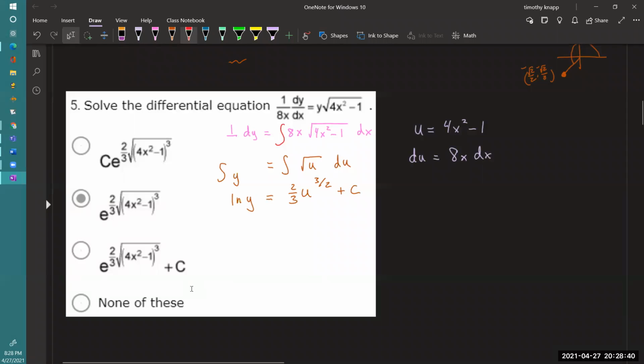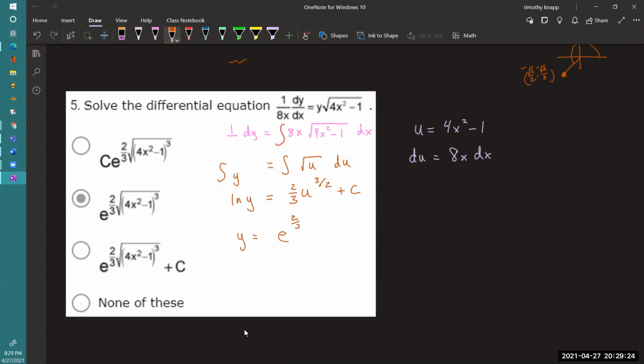All right. So now what you're going to do here is you're going to solve for y. Okay. So it's y equals e to the 2 over 3 u. Oh, but u, remember, is 4x squared minus 1 to the 3 halves.